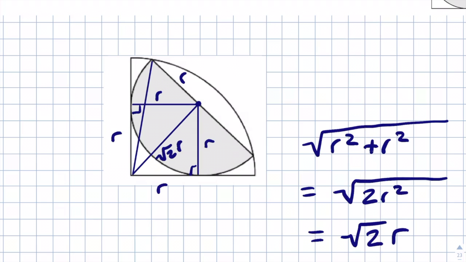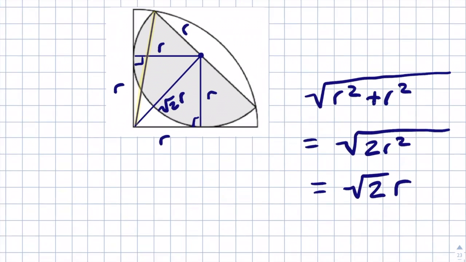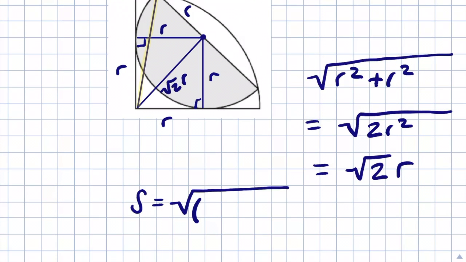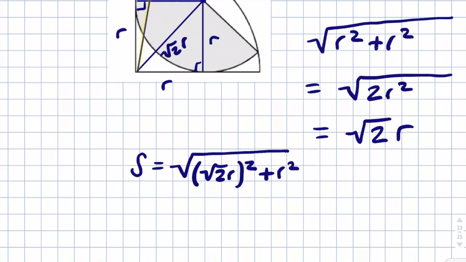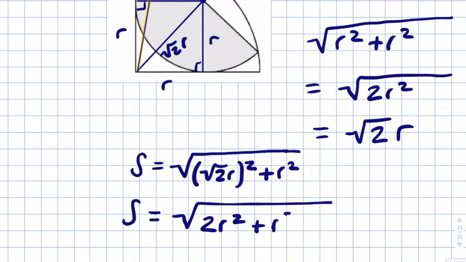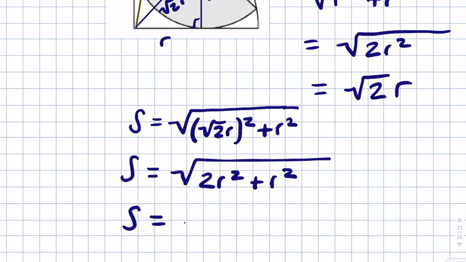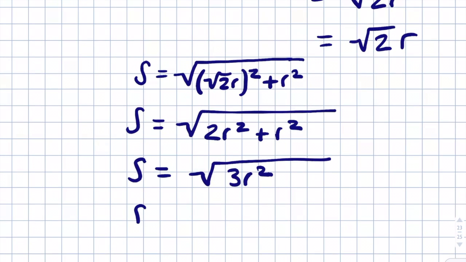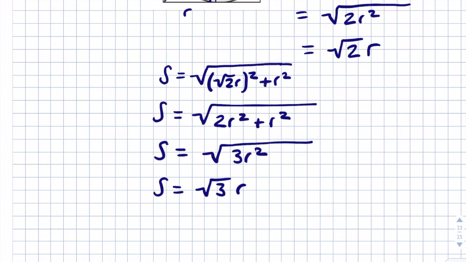So we can therefore find the radius of the quarter circle, and if I call this s, then I can say that s is equal to root 2r all squared plus r squared. And that simplifies to 2r squared plus r squared, which is s equals the square root of 3r squared, which simplifies to root 3r. And that is the radius of the quarter circle in terms of r.